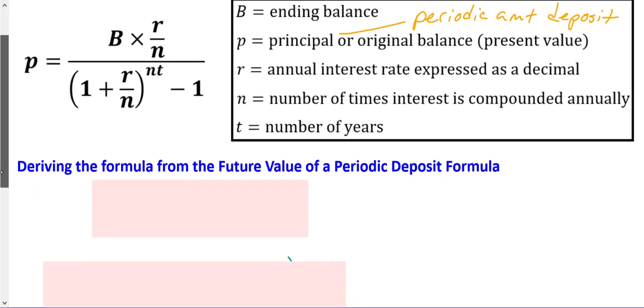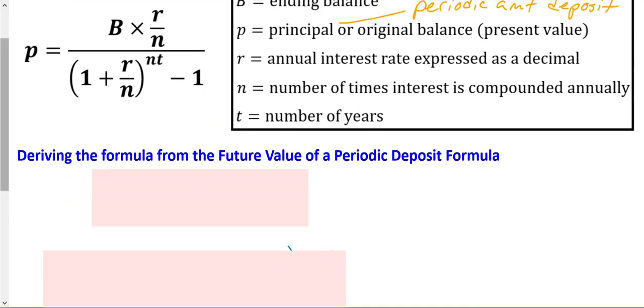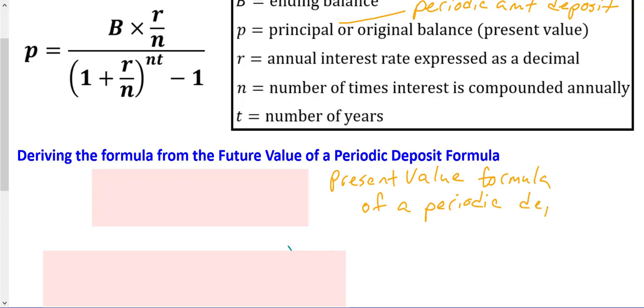Now, for this formula, they took the present value formula of a periodic deposit, and we converted it so that it solved to get P by itself.